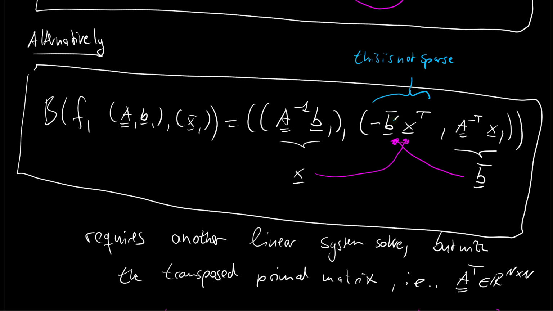An alternative would be to use sparse outer products. So we need sparse outer products because obviously the structure or the sparsity pattern of the adjoint matrix has to match the sparsity pattern of the primal matrix. So we only need to do an outer product at those points where the matrix A is non-zero.